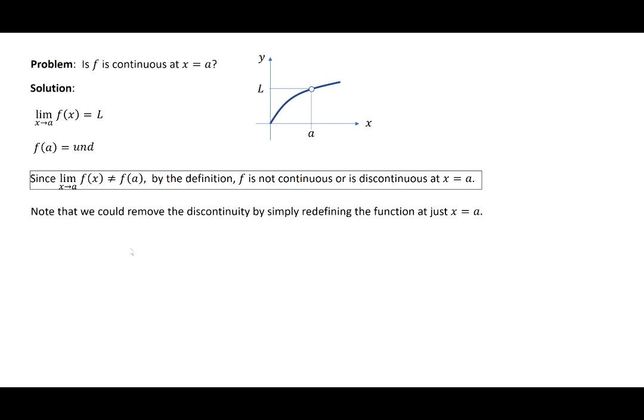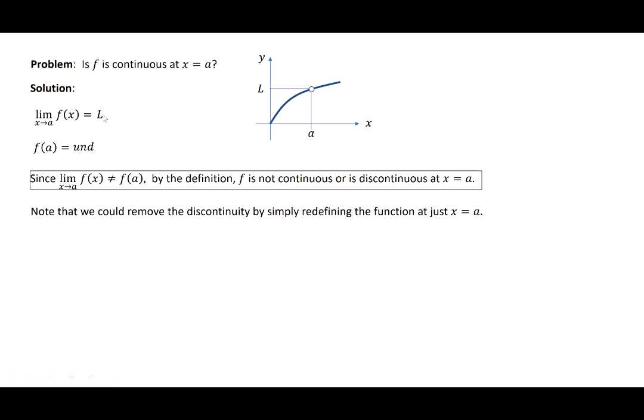Note that we could remove the discontinuity by simply redefining the function at just x equals a. Take this function, but at a, this is undefined. Let's say I redefine it so that at a, it has the same value as the limit.